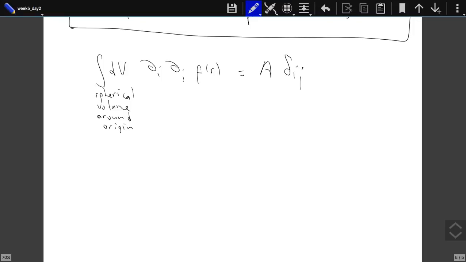The definition of my region doesn't depend on any vector. So the right-hand side should be a tensor of rank 2, but there are no vectors I can use to construct it. The only tensor of second rank that I can use is the Kronecker delta, so the only possibility is the Kronecker delta.